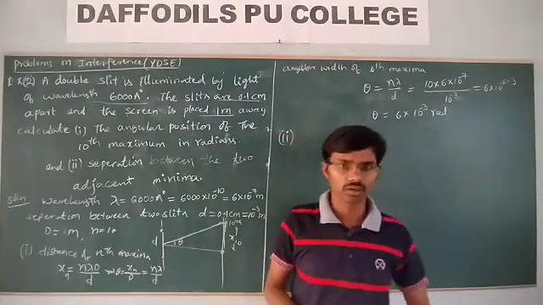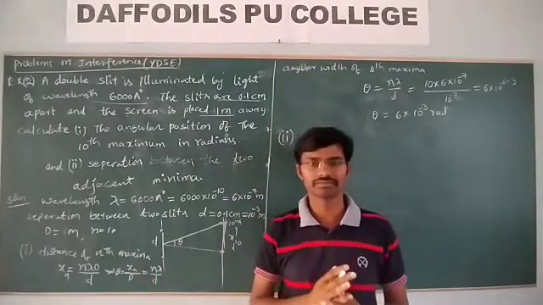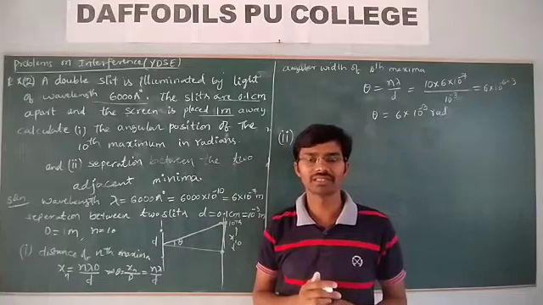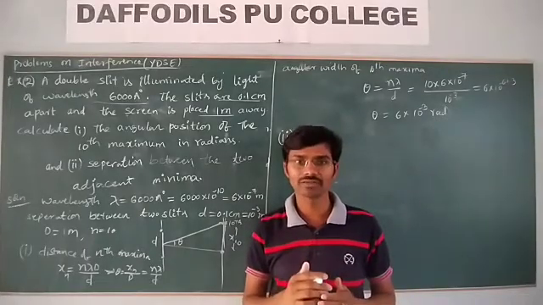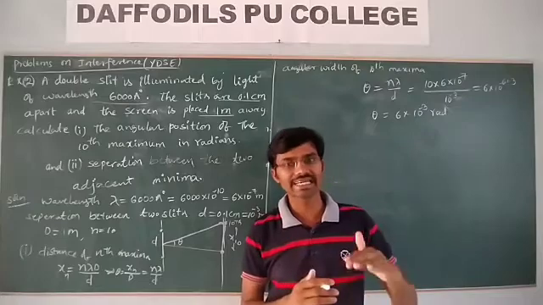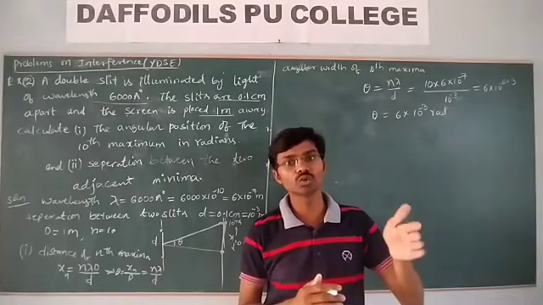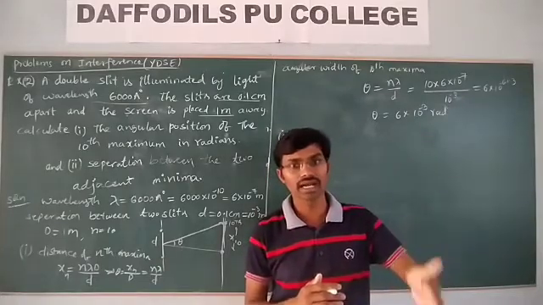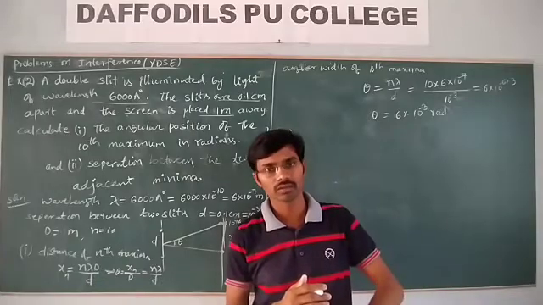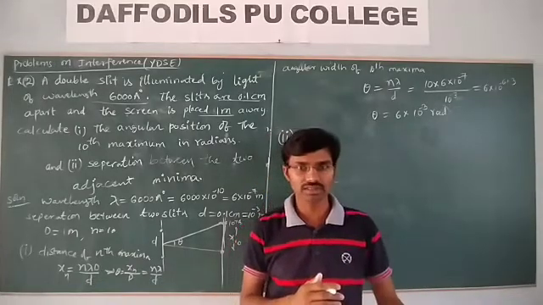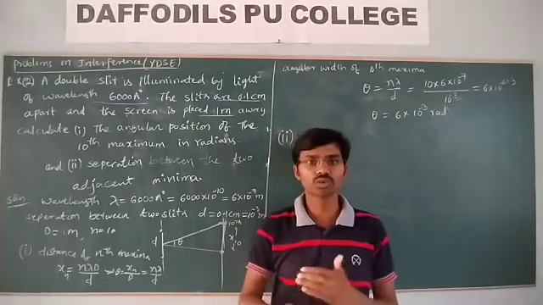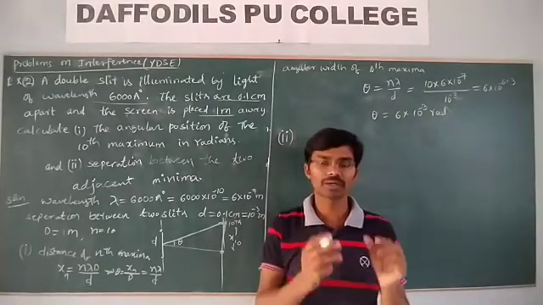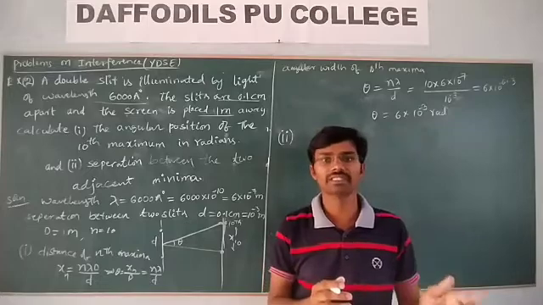Let me remember what you mean by the fringe width. The separation between two successive or consecutive maxima or consecutive minima, that is, consecutive bright fringes or consecutive dark fringes, is the fringe width.